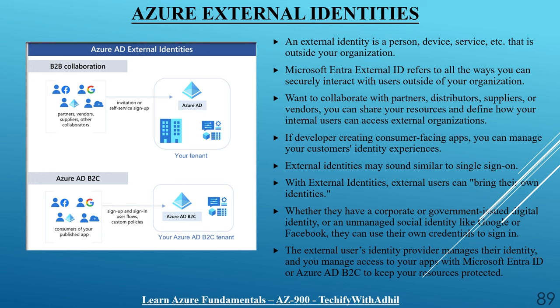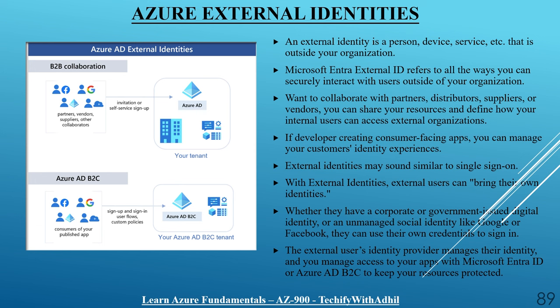So in general, when we are collaborating with an external organization or external person, they obviously will not have any digital ID or account in our organization. One existing way is to create an account for that user and give access. But creating an account for an external person who is not in our organization is a security issue.